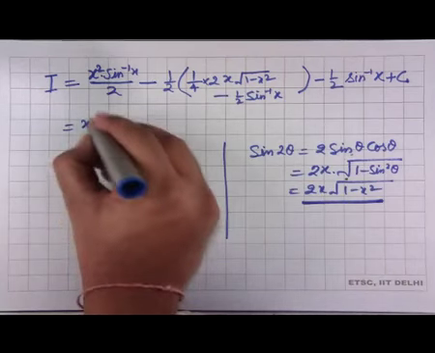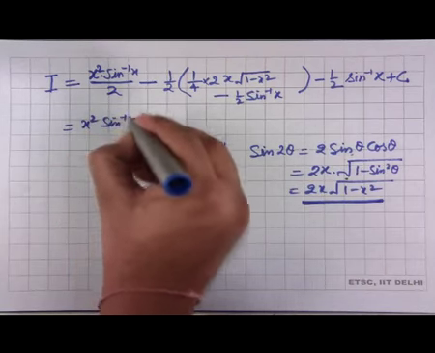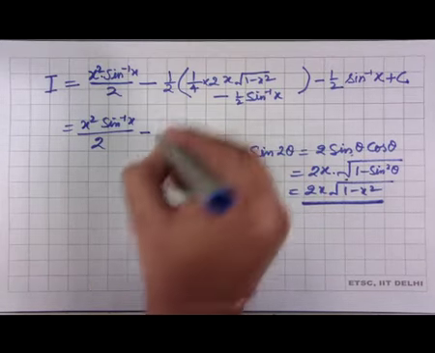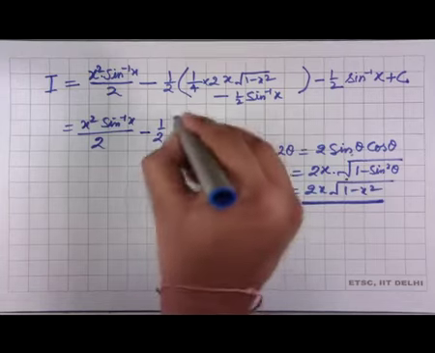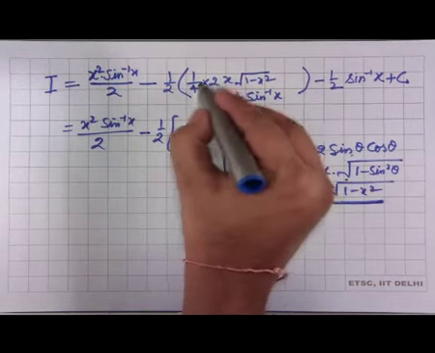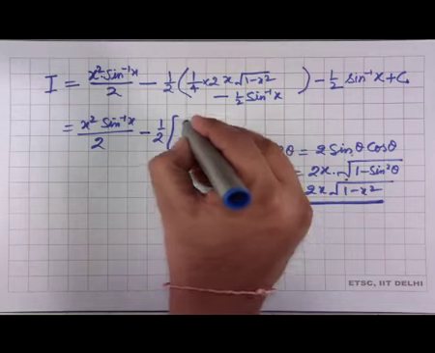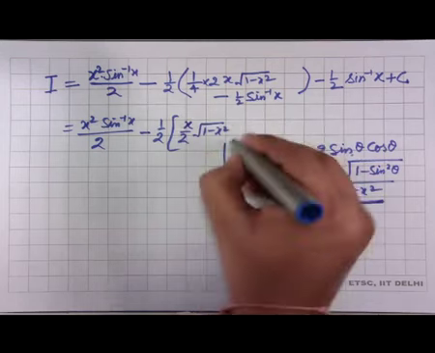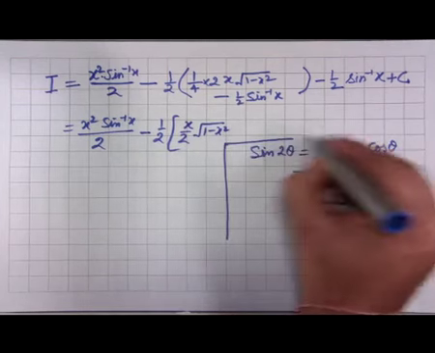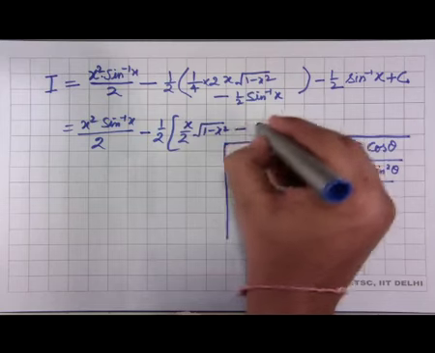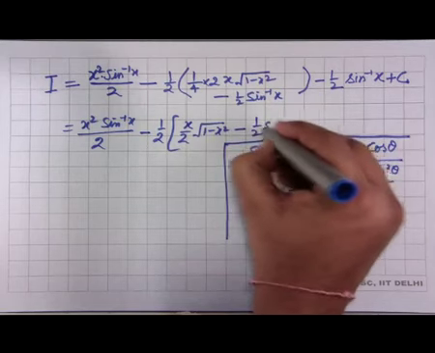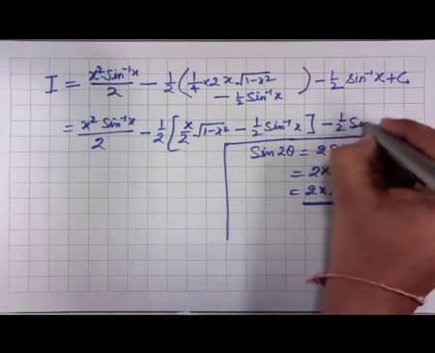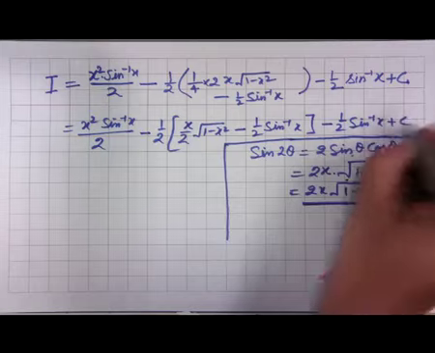finally x square sin inverse x over 2, minus 1/2 of this, which is 2 by 4, that will make it 1 by 2. So, this will make it x by 2 square root of 1 minus x squared, minus 1/2 of sin inverse x, and then minus half of sin inverse x plus constant.